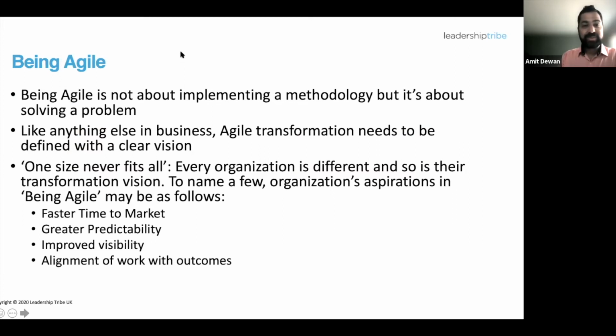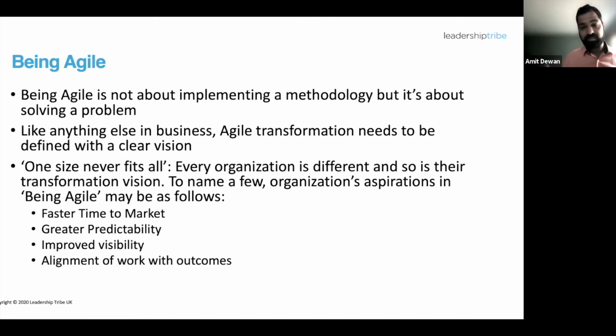All right, so now that we understand why be agile, right? Agile is not about implementing a methodology, a Scrum, a Kanban. Those are ways and means and how to implement agile. Oftentimes, people miss the bigger picture. People miss the fact that large organizations are looking to be agile by, let's say, achieving faster time to market or building high quality product or something else.